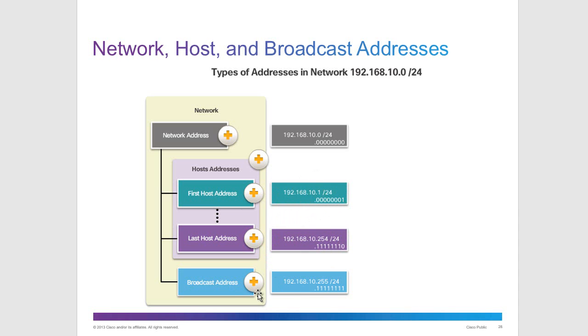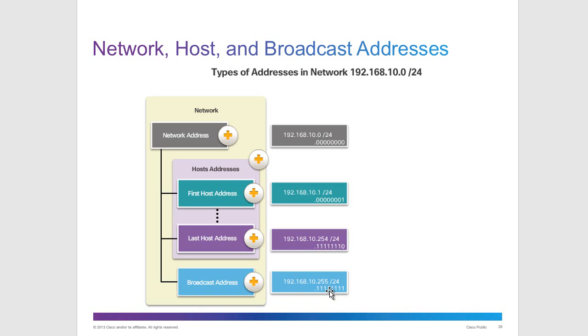You've got a broadcast address. So if you want to send a broadcast in the network, in this case 255 is the broadcast address. I shouldn't say last available host address. It's the last address in the network range.